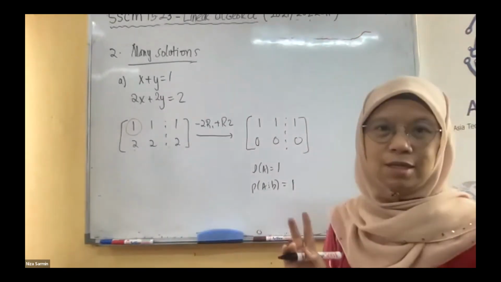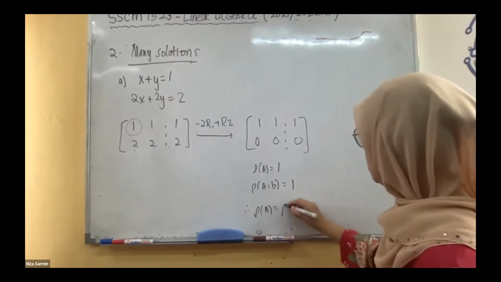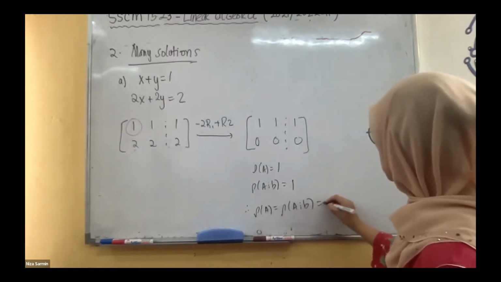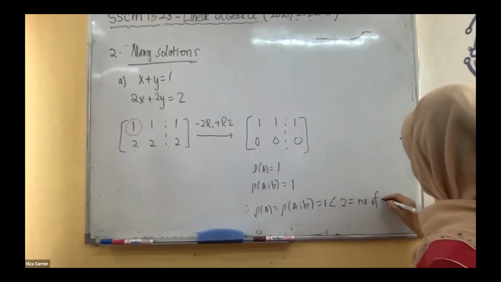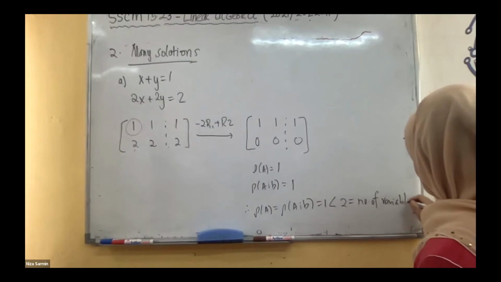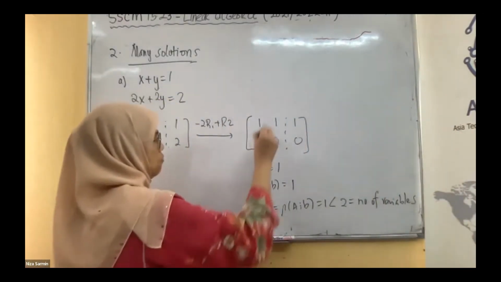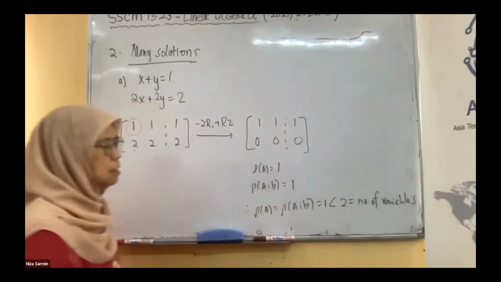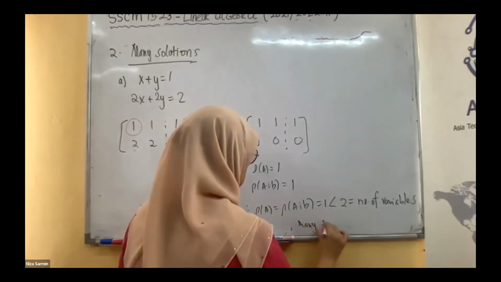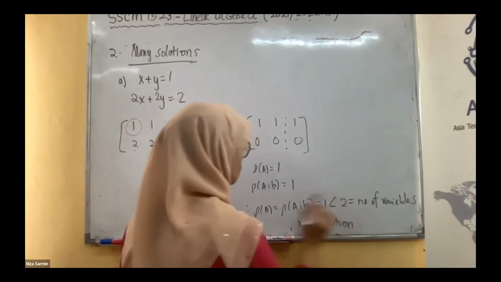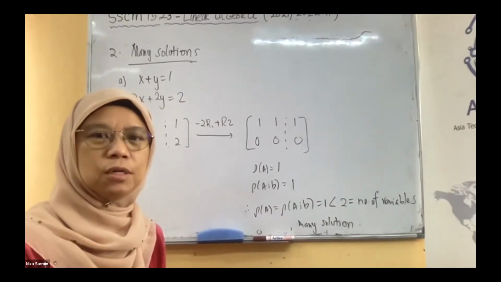So they're equal, and this is less than 2, which is the number of variables, the number of columns of A. So we know there are many solutions. But that is not the solution. That is just many solutions.